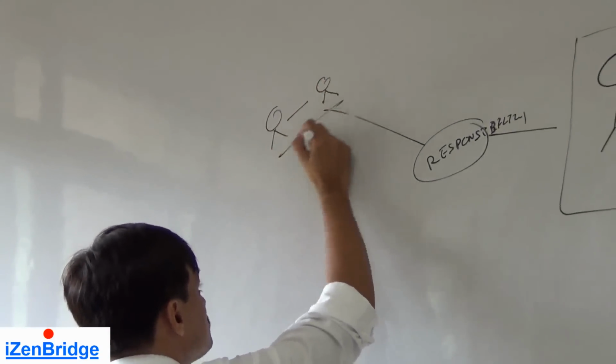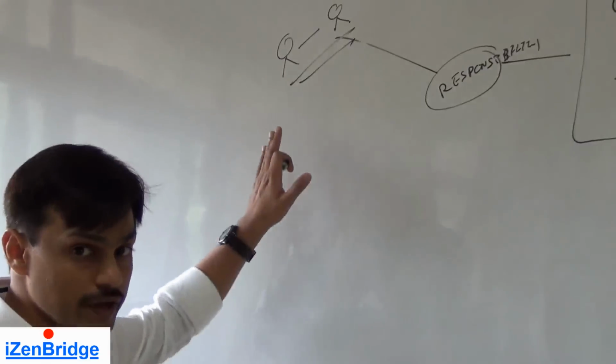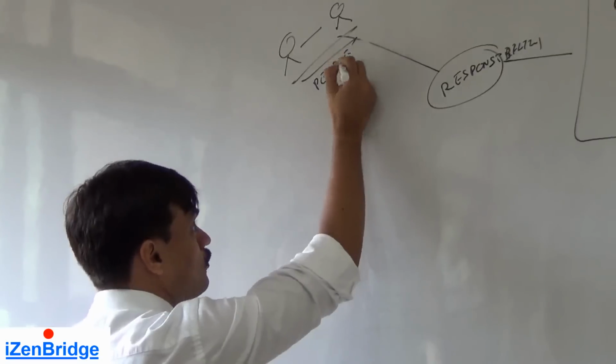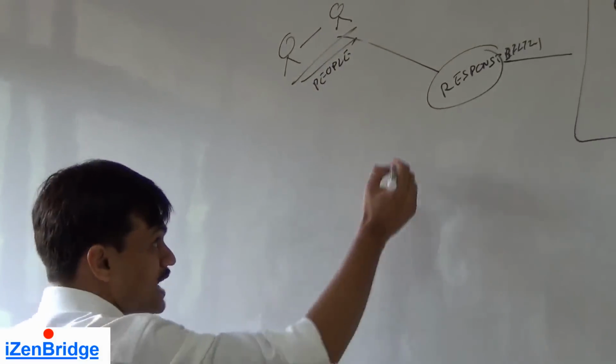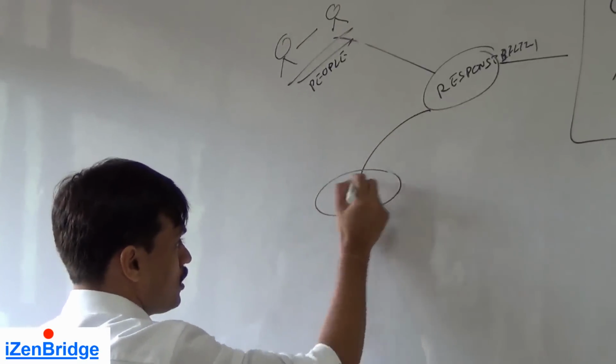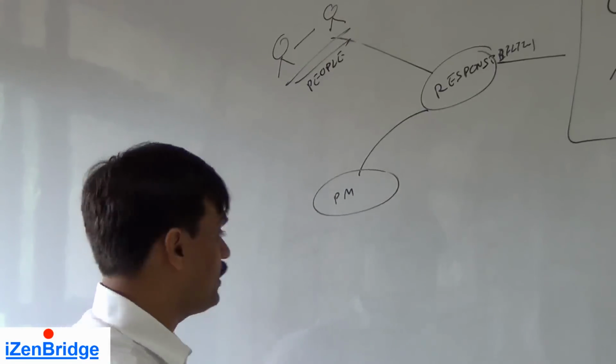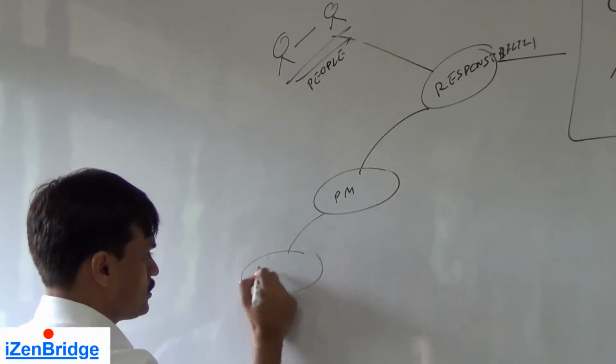So the first responsibility of resolving conflict is with the people who are in conflict. As a project manager, you have a responsibility of resolving unresolved conflict.